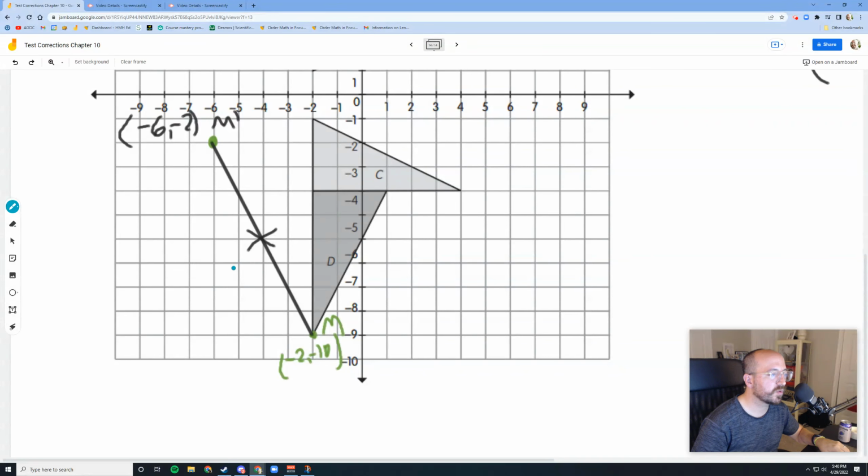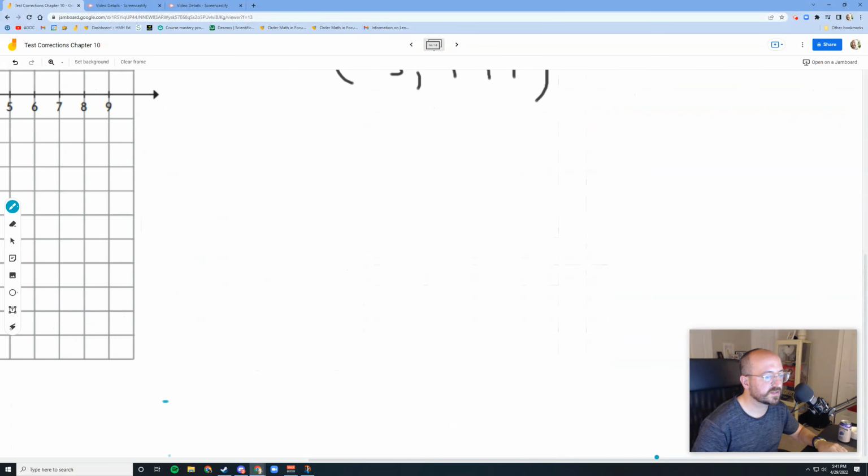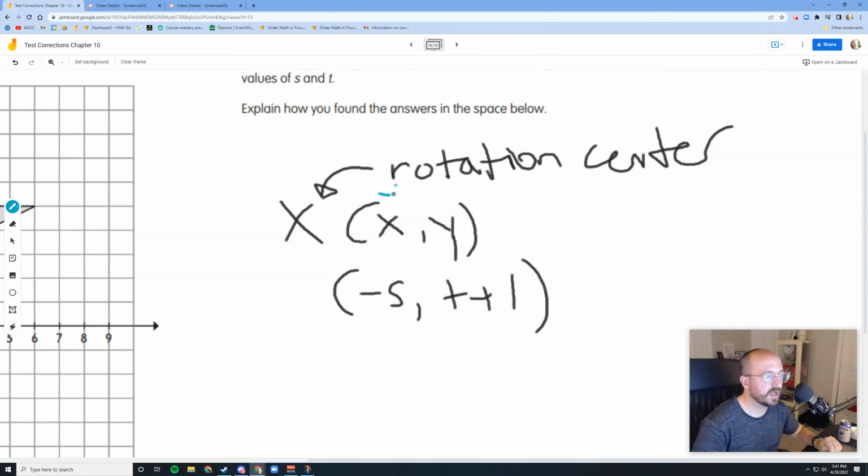But what are the coordinates of this center point that we're going to rotate around? It is -4, 1, 2, 3, 4, 5, 6, -6. So you would get great credit if you knew that it is -4, -6. We want to get it to be -4, -6. So what would I put in for S to get this to be -4?